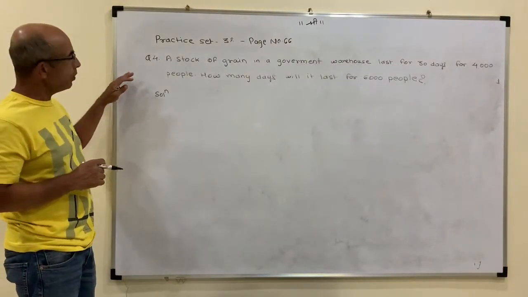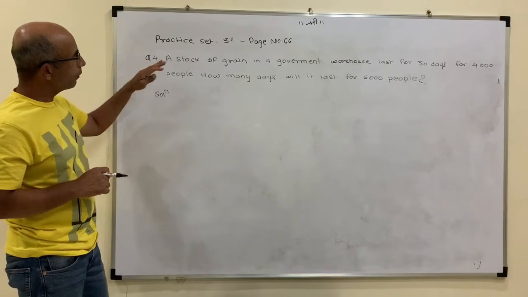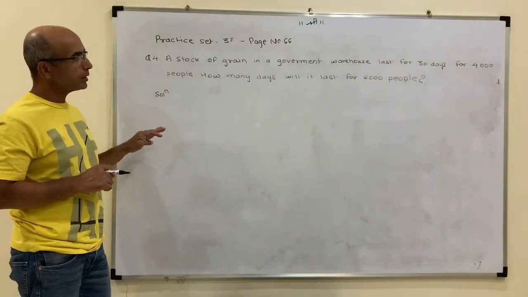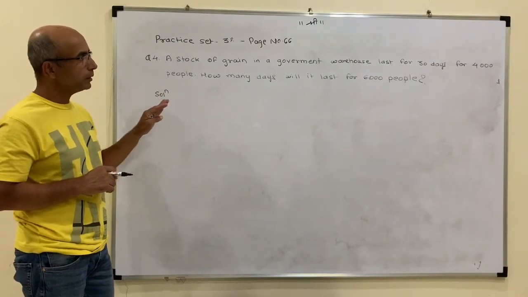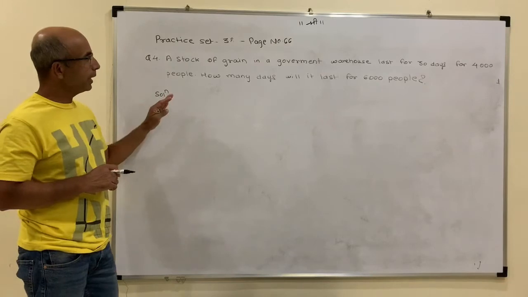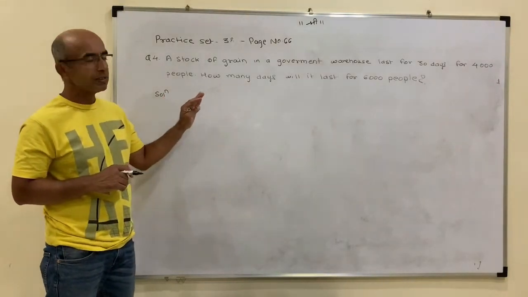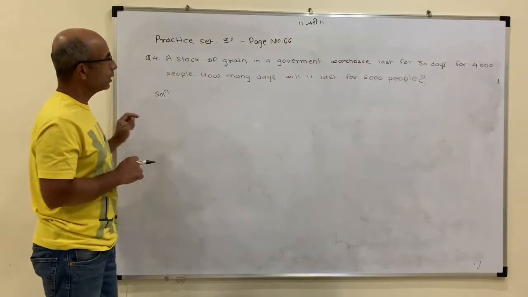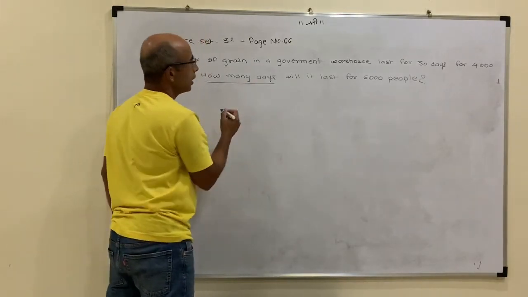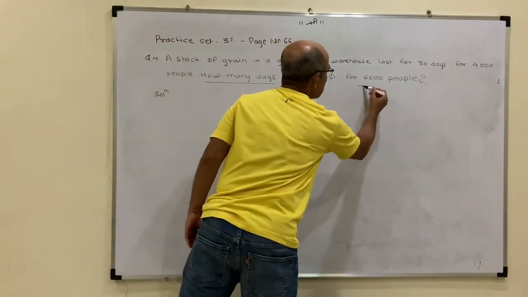Question number 4. A stock of grain in a government warehouse lasts for 30 days for 4,000 people. How many days will it last for 6,000 people? Now what is to be found out? How many days, and for 6,000 people.